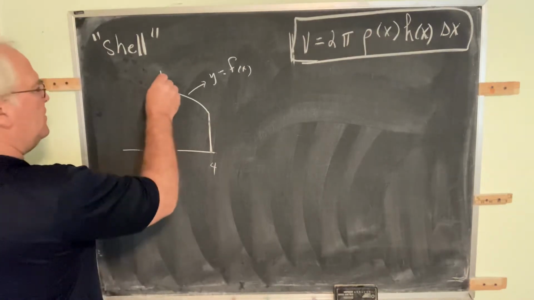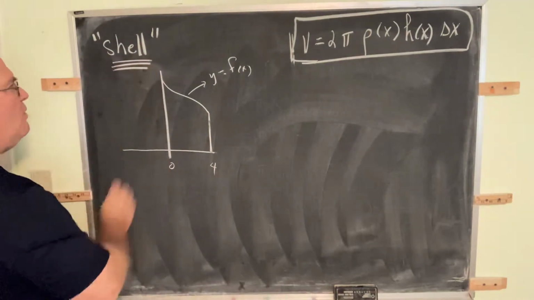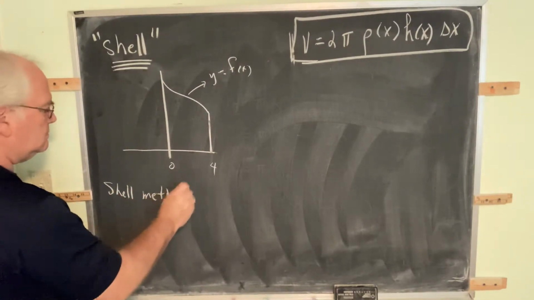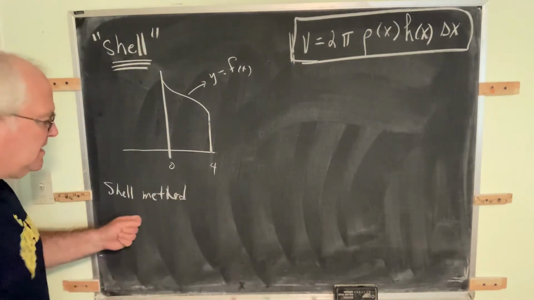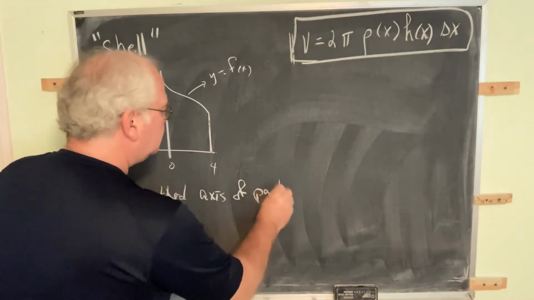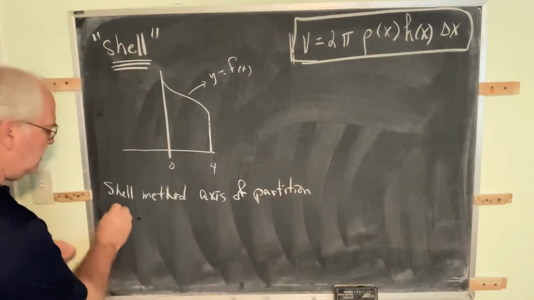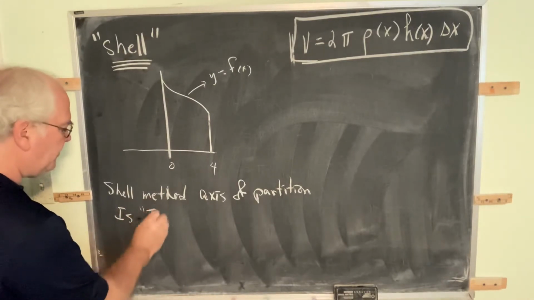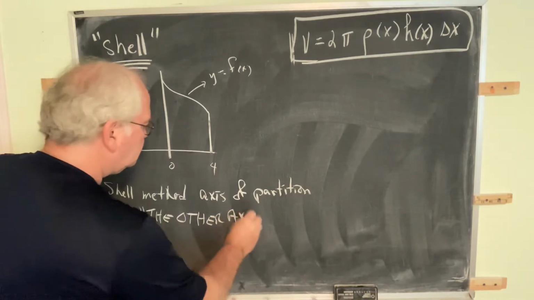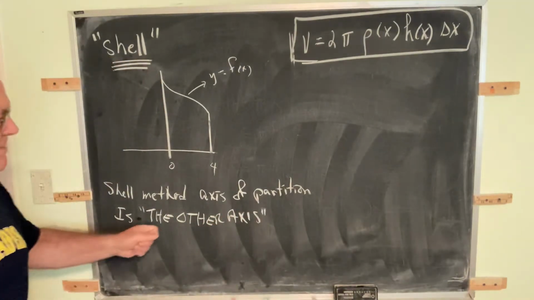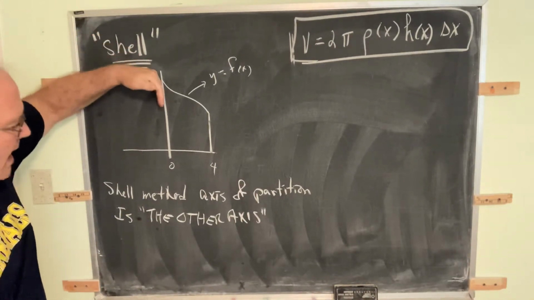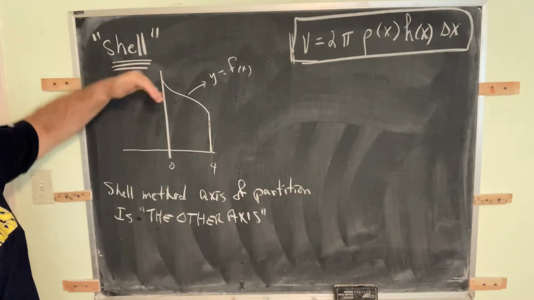Now, when we do this, this is the key notion. With the shell method, the axis of partition is the other axis, or the opposite axis. If you revolve about the y-axis, the axis of partition is the x-axis.